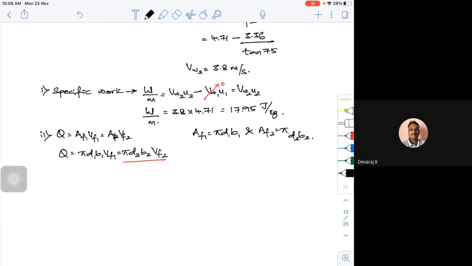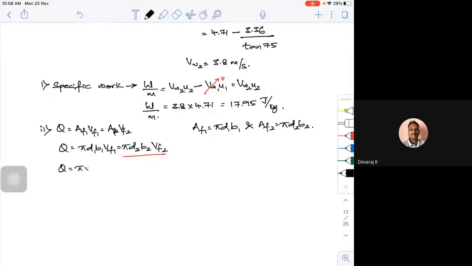So Q is equal to pi into D2, which is 0.06 meters, that is 6 centimeters, into 0.0075, into Vf2, just now we found it as 3.36. My Q is found to be a very small value, around 4.75 into 10 to the power of minus 3 meter cube per second. This is the Q value.